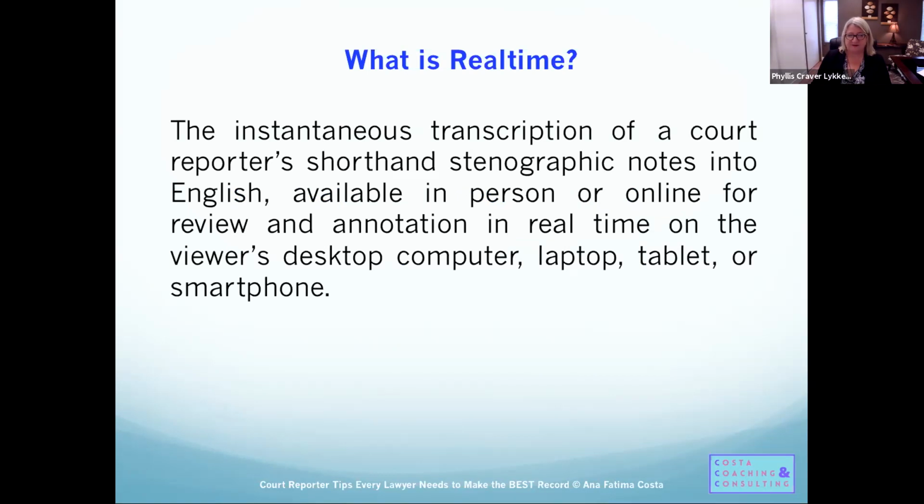And not every court reporter can necessarily provide real time, or does. Only the very best court reporters are considered real-time court reporters. It takes a lot of attention and nerves to have everyone watching your work as you're doing it.